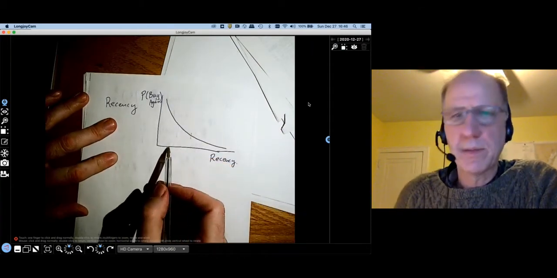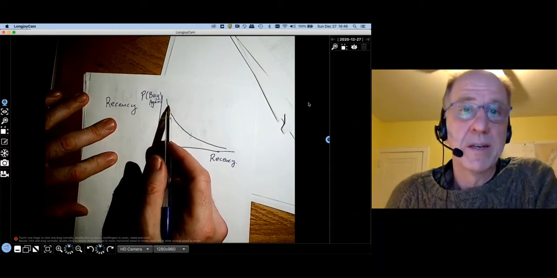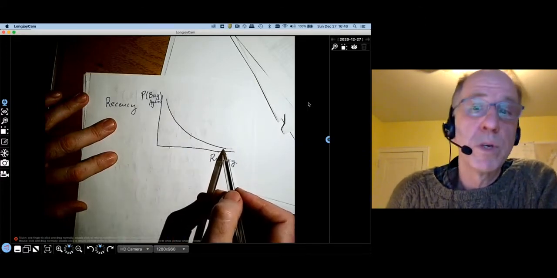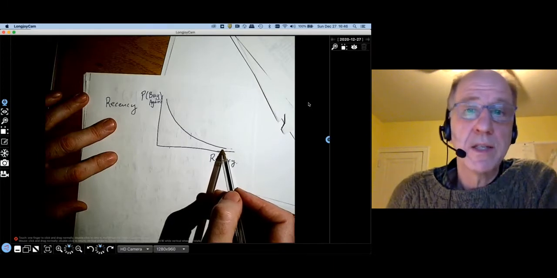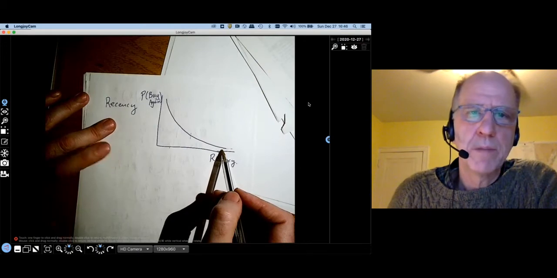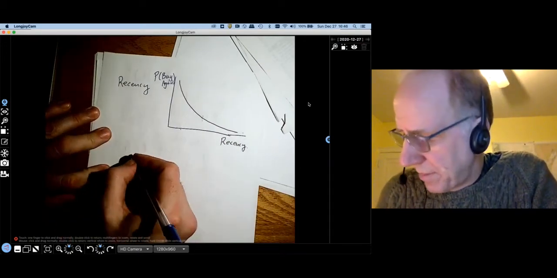If you have a customer who just donated to you, chances are they'll donate again with a pretty high probability. Alternatively, if you have a customer who donated to you, say, 4 years ago, the chance that that customer is going to donate again is substantially smaller, and that should make a lot of intuitive sense. So this is going to be my model.